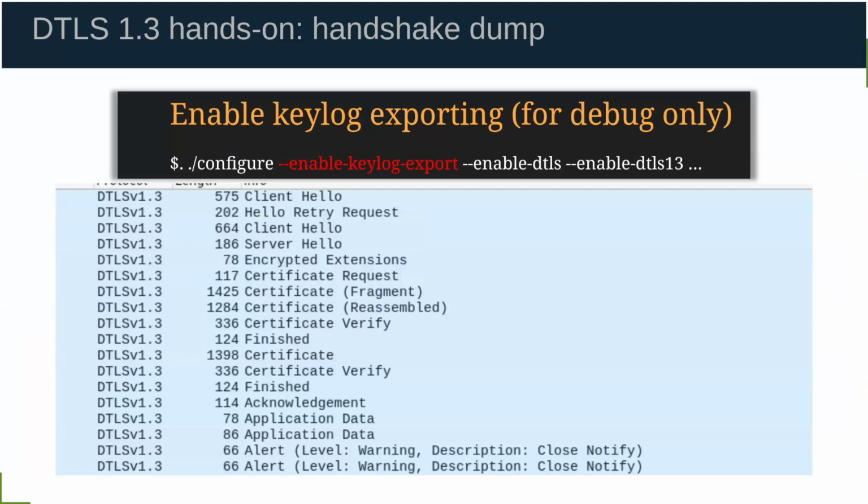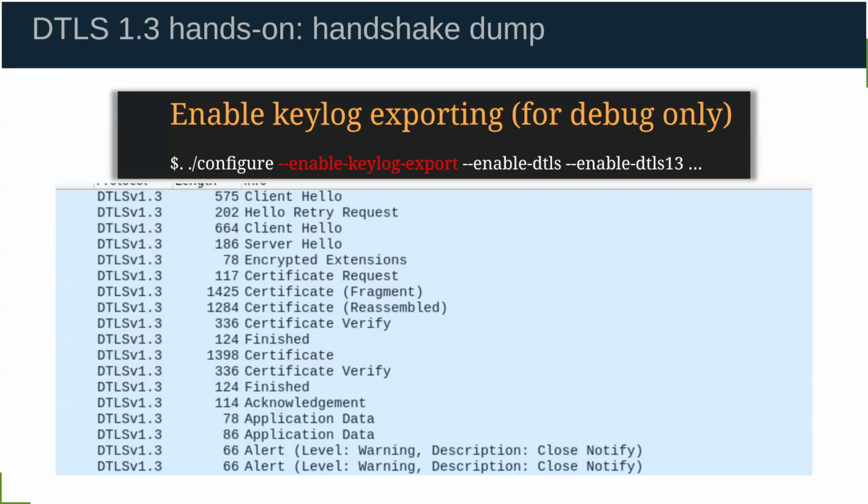Now if you also want to see the other messages, you can enable the keylog export. If you configure the library using this flag, of course, do that for debug only. The keys of every session will be exported to a file called sslkey.log. Then you can set up Wireshark to use the keylog file, and Wireshark will decrypt all the handshake and the application data as well.